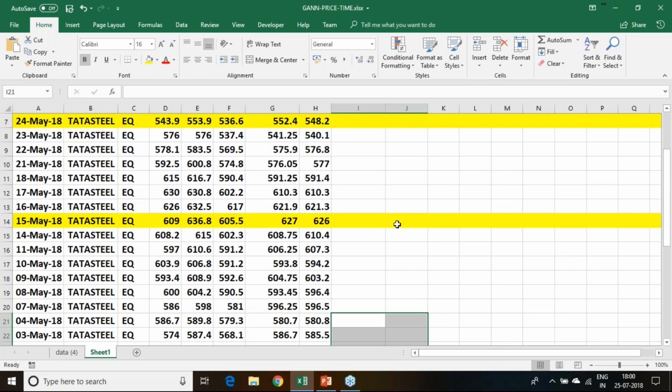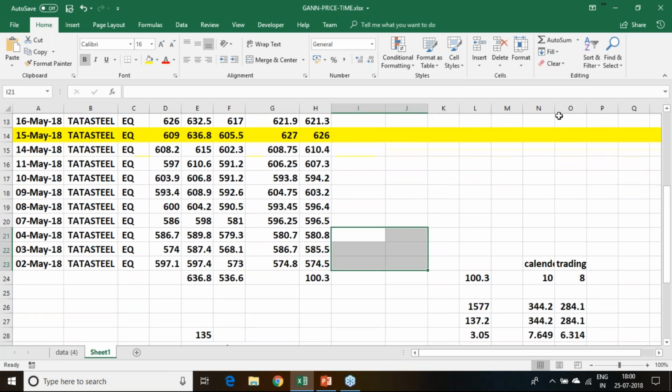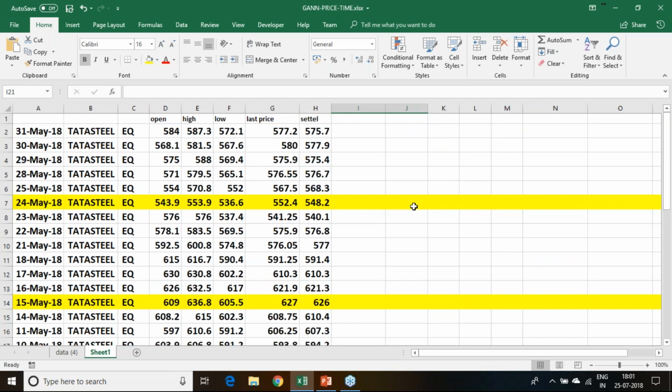Once we get the days on which the high and low were formed, we put in the Gann formula and predict when the next high will be formed and when the next low will be formed. So approximate dates we will be finding out.